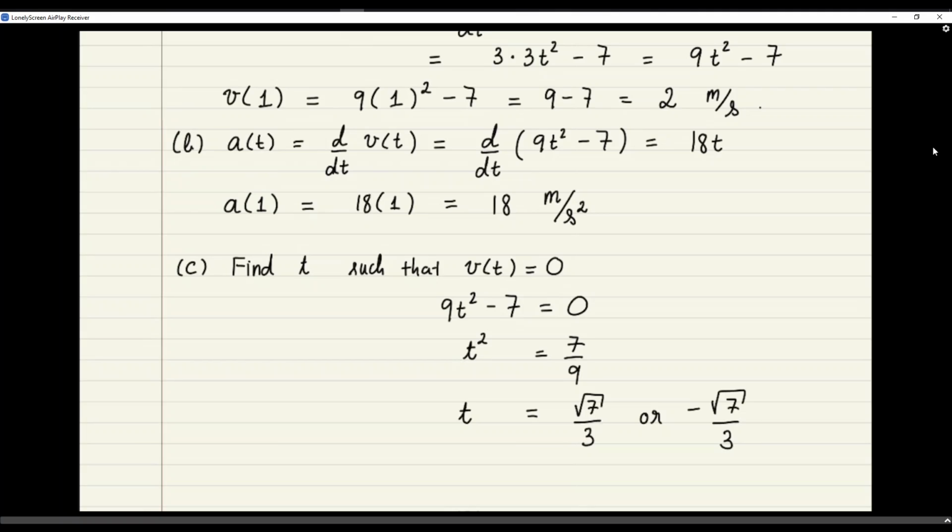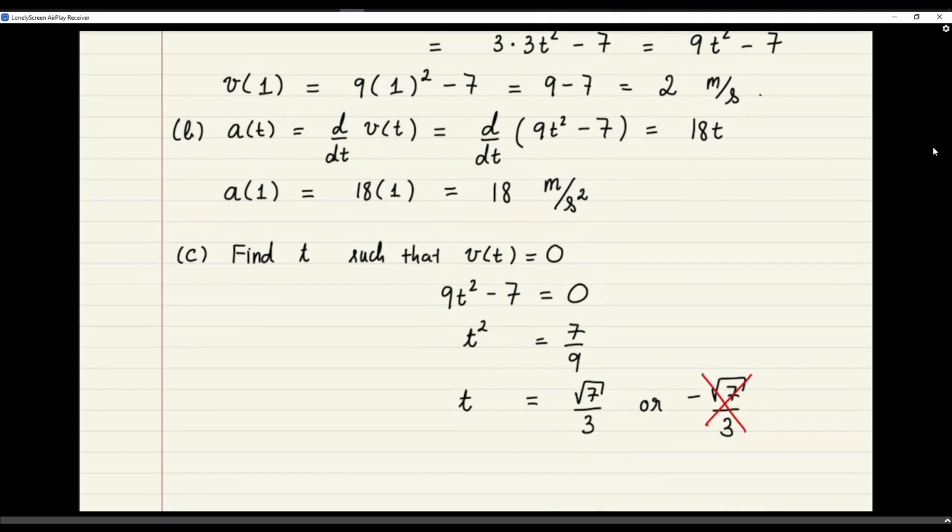However, we can safely get rid of this negative solution, because in this context, it just doesn't make sense to have a negative time. It would be like going back in time. So we will ignore this negative solution.